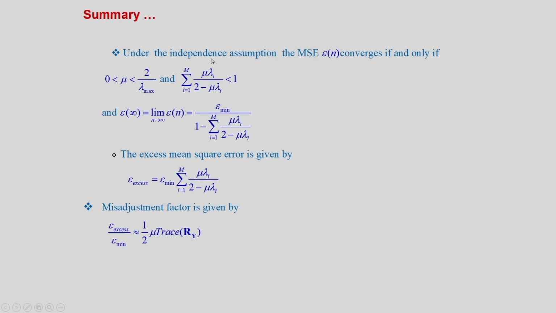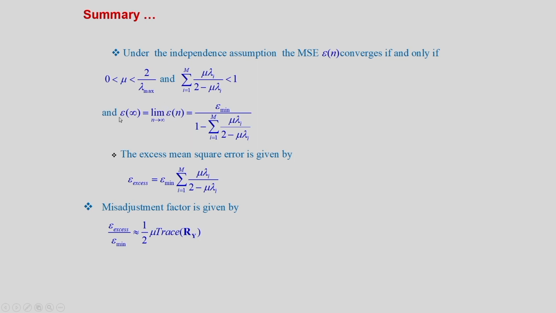Under the independence assumption, the MSE epsilon(n) converges if and only if these two conditions are satisfied. Mu lies between 0 and 2 by lambda max, and this additional condition: the summation of mu lambda i divided by 2 minus mu lambda i, going from 1 to m, must be less than 1.